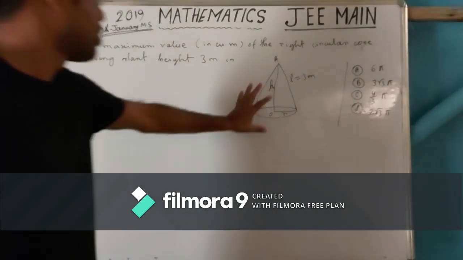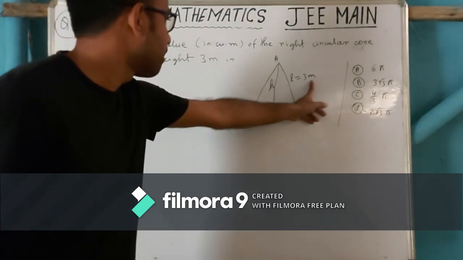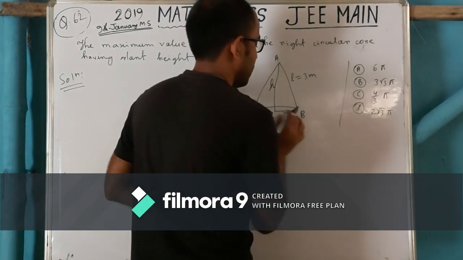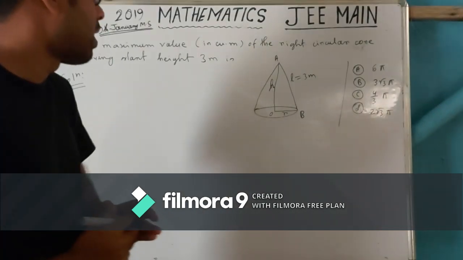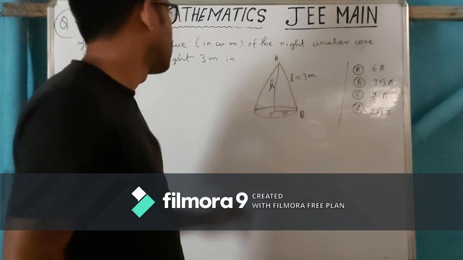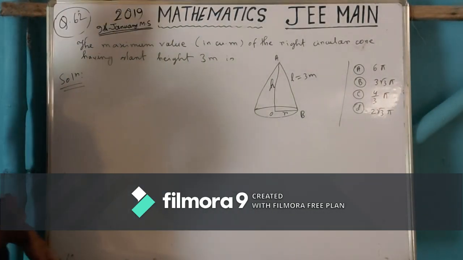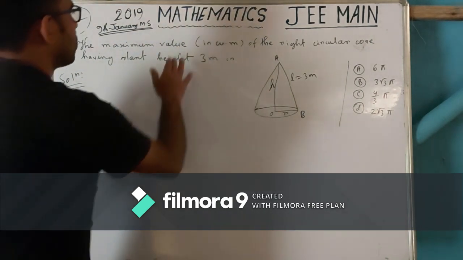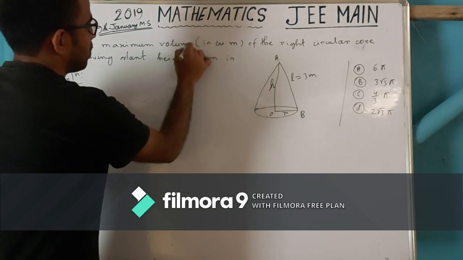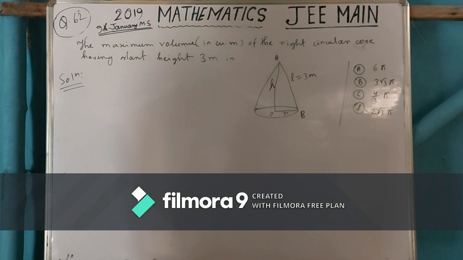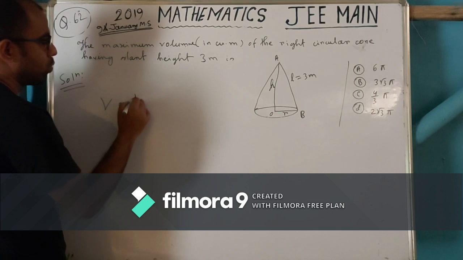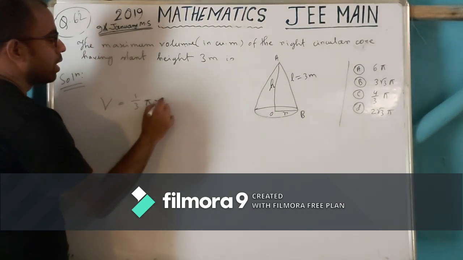So this is the right circular cone. Here you see that slant height L equal to 3 meters, and the radius OB equal to R, and the height of the right circular cone OA equal to h meter. So the maximum, sorry, this is volume. We know the volume of the right circular cone, capital V equal to 1 by 3 pi r square h.